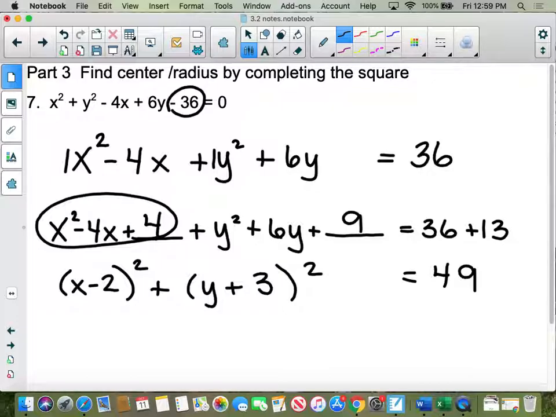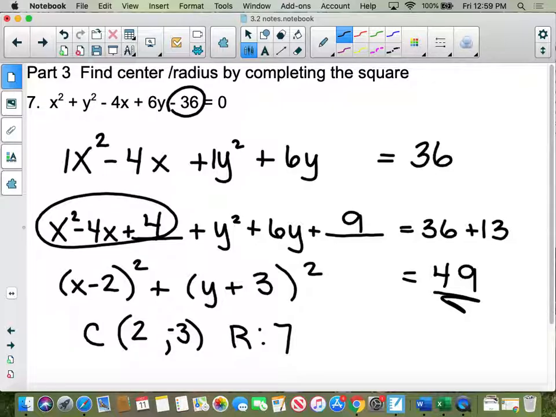You still have to answer the question. You just wrote the equation. The center of your circle is at 2, negative 3. The radius of your circle is, isn't it nice that they came up with a nice number like that? It's 7. And that's it for that one.